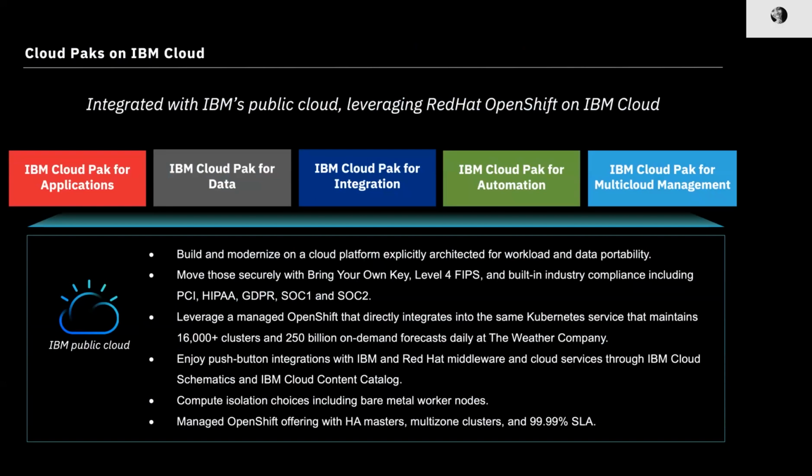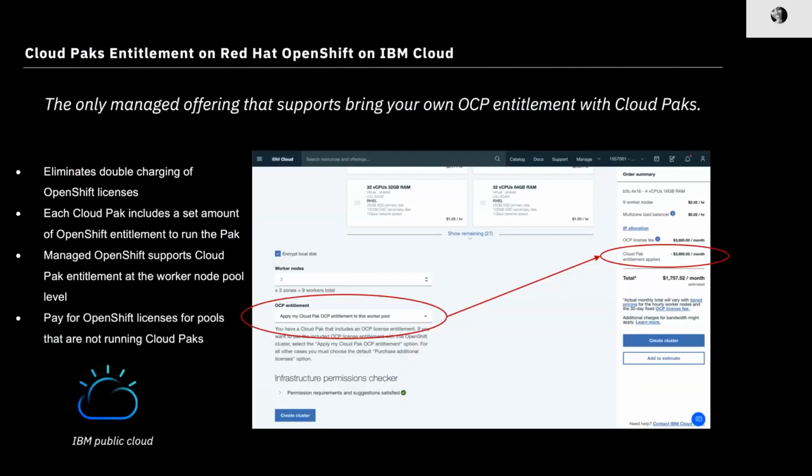Thanks. Right. So then, which is a great setup for this slide, when you have that entitlement, and you'll see this in the demo, you'll see this little thing here that says, apply my Cloud Pak's OpenShift entitlement to this cluster. Because by default, I'm just going to deploy ROKS, I'm going to pay for OpenShift, and then I'm going to deploy my Cloud Pak, which I purchased, which includes OpenShift entitlement. Theoretically, I would double pay.